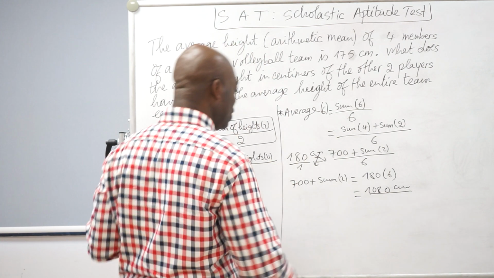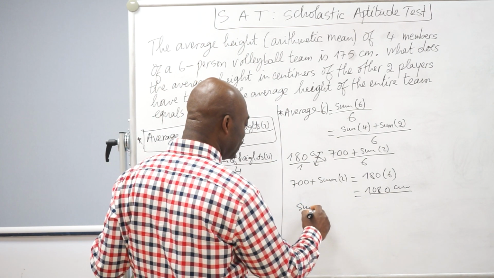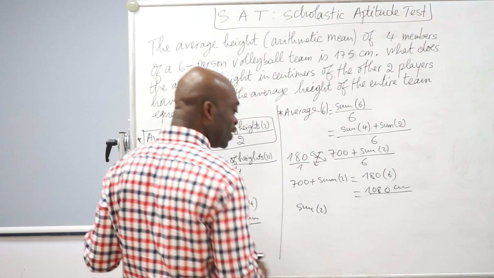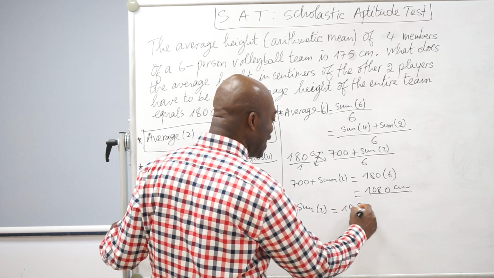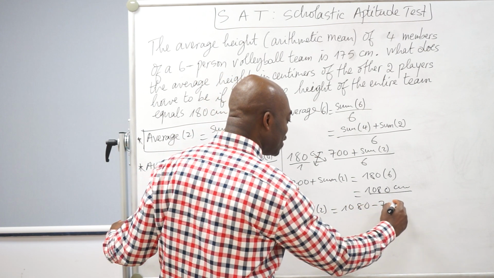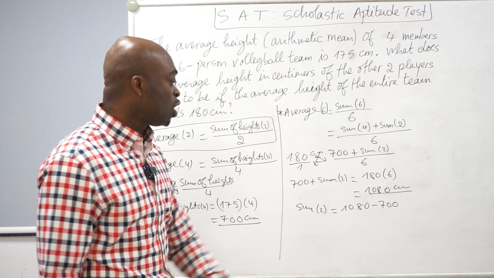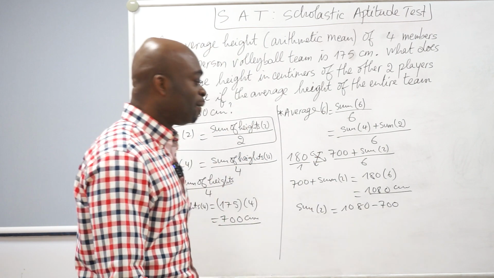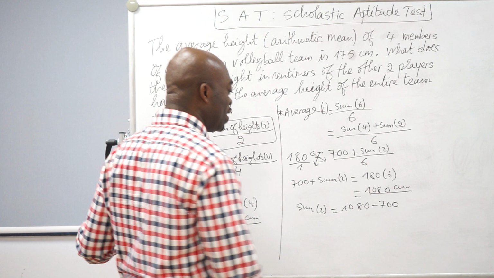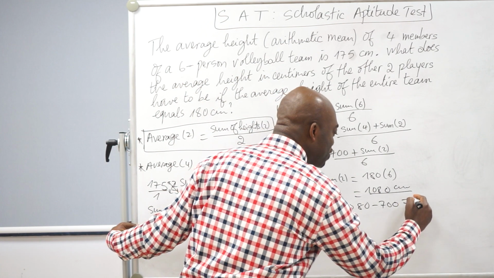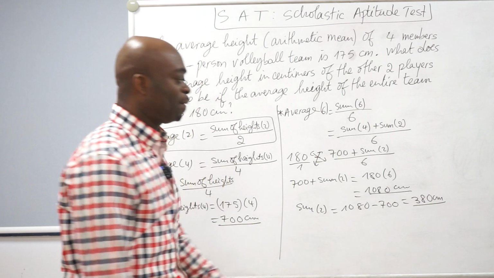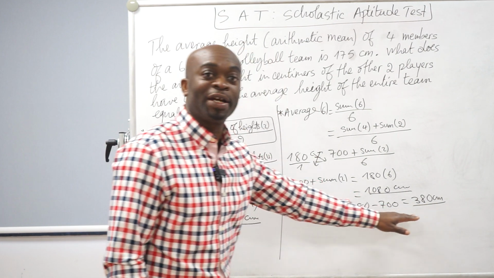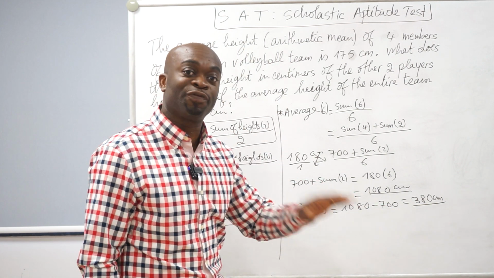But let's not forget what we are looking for. The sum of the height for the two players is equal to 1,080 minus 700. So 1,080 minus 700 would give us 380 centimeters. So that's the sum of the height for the two.